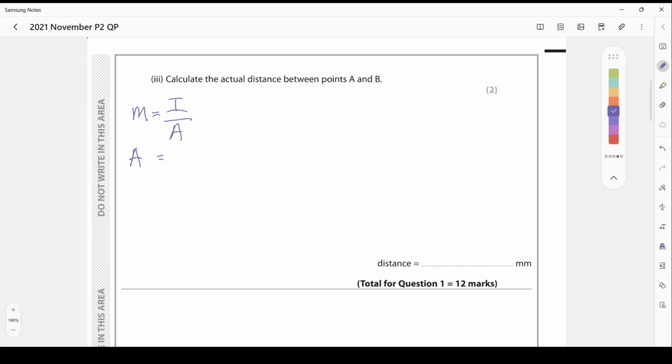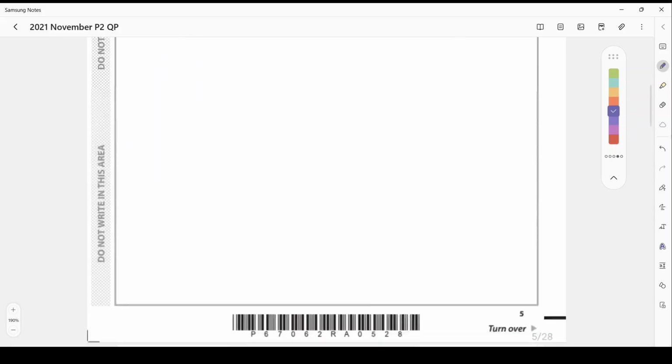So then that would be image size over magnification. So earlier we said it was 13 millimeters, right? Divided by the magnification was 10. So that gives you 1.3 millimeters. All right, those are the 2 marks.